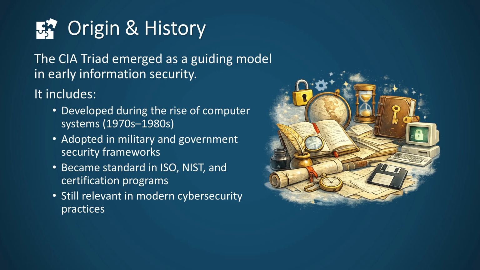What makes the CIA Triad truly timeless is its adaptability. Even though threats have evolved, from insider misuse in earlier decades to ransomware and cloud-related risks today, the core principles still hold strong. Confidentiality continues to protect sensitive data. Integrity ensures data accuracy, and availability guarantees access when needed.